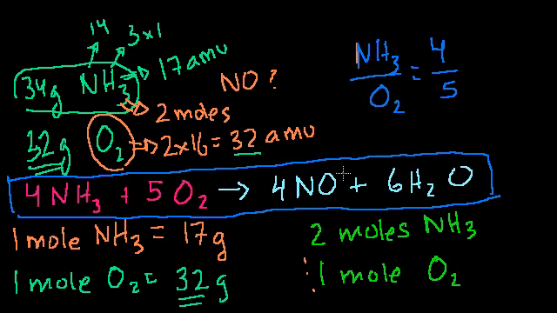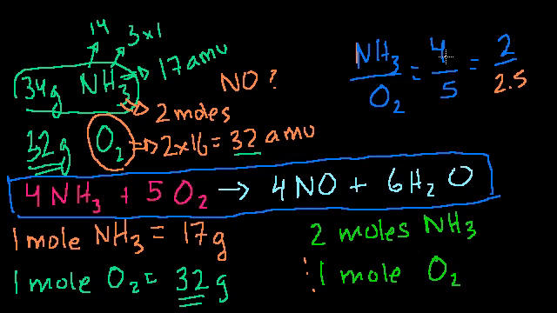So if I'm given 2 moles of ammonia, how many moles of oxygen do I need? I need 2.5 moles of oxygen.